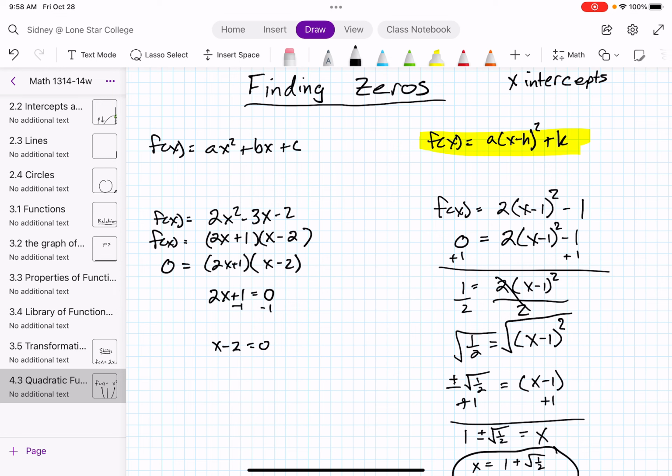The first one is slightly more work, although neither of them are bad. 2x equals negative 1. Divide both sides by 2, you end up with x equals negative 1/2. This one is pretty simple and straightforward. Add 2 to both sides, and you get x equals 2. Those are the two zeros, the two x-intercepts for this particular parabola.